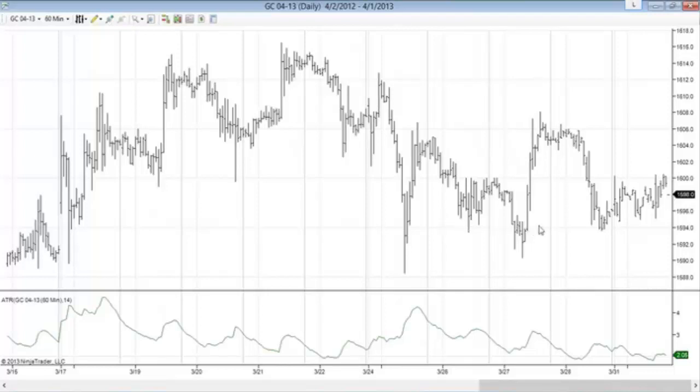So, for instance, if you started the day, let's say at 1600, and your average true range going back to the daily chart was about 16, depending on which way this goes, you can probably look at either a topping out of 1616 or going down to about 1584. If it moves just south of that, it's going to go down to 1584. If it just goes north of that, it's going to move up to 1616.